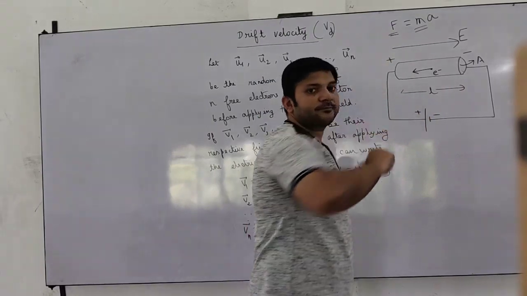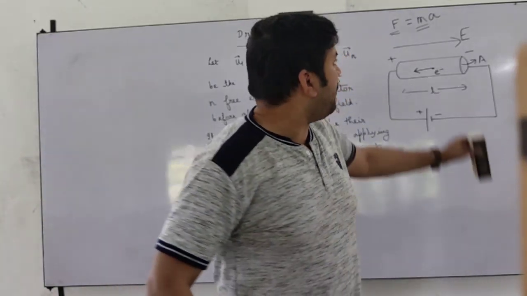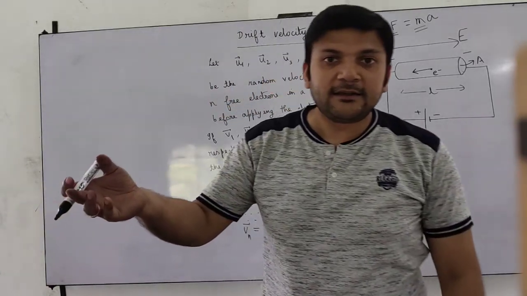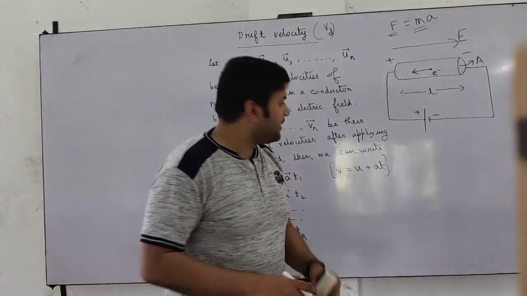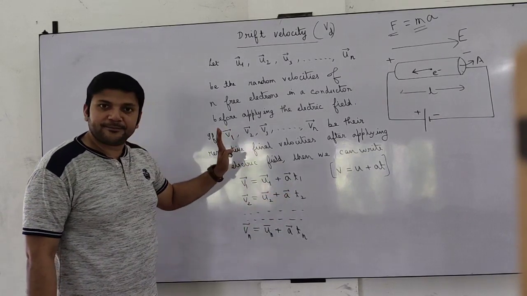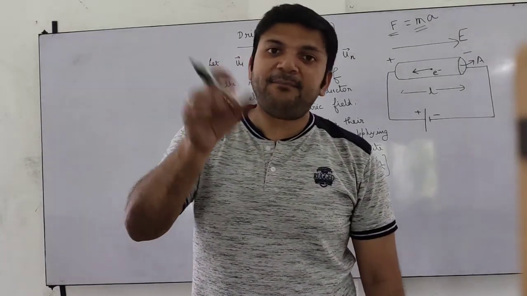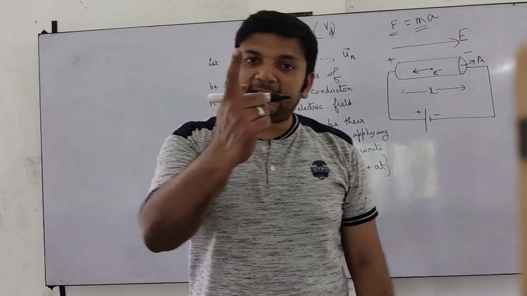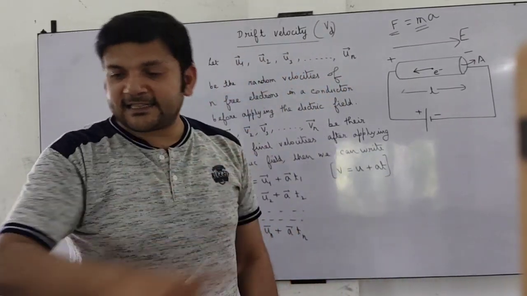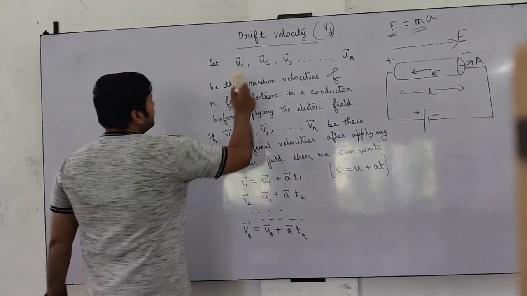F is the force, and the electric field applies the same force on the electrons. So F and m are the same, so the acceleration is also the same for all the electrons.